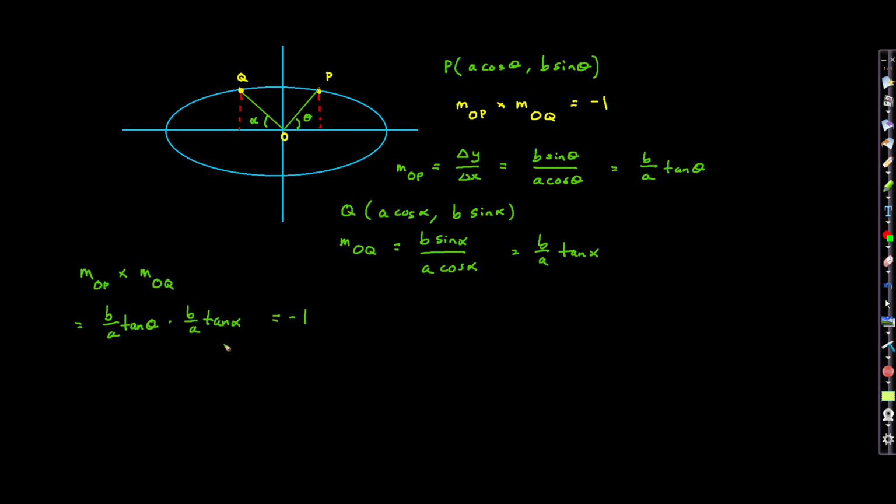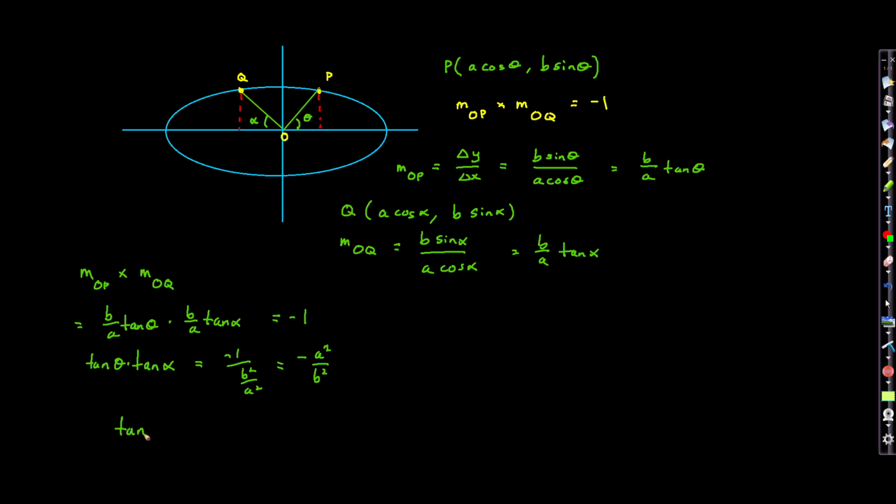Now what I want to do is get tan alpha on its own here. So multiplying B over A times B over A, that would be B squared over A squared. Let me do this in 2 steps. So that would be -1 over B squared over A squared, which will be -A squared over B squared.